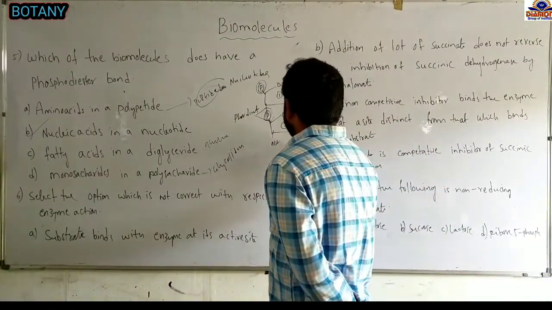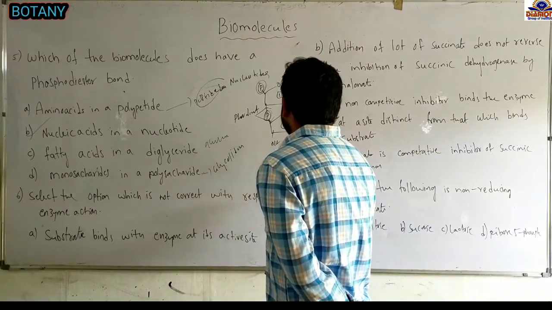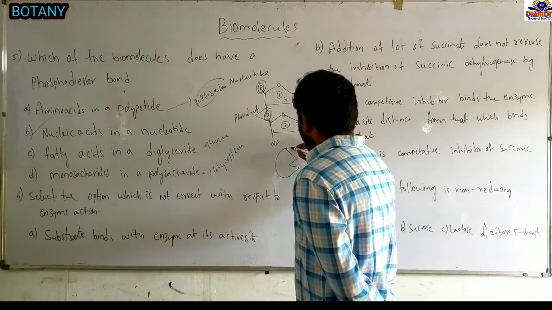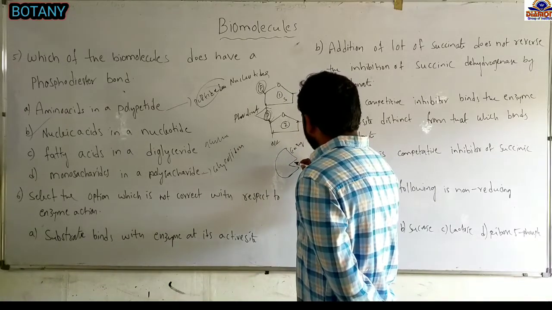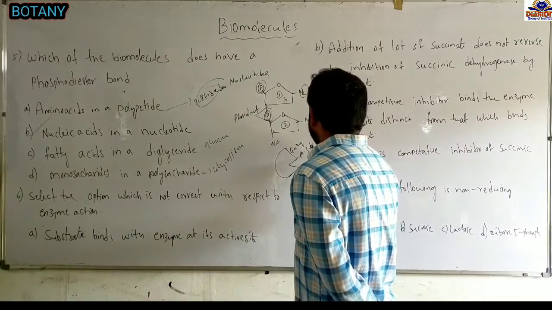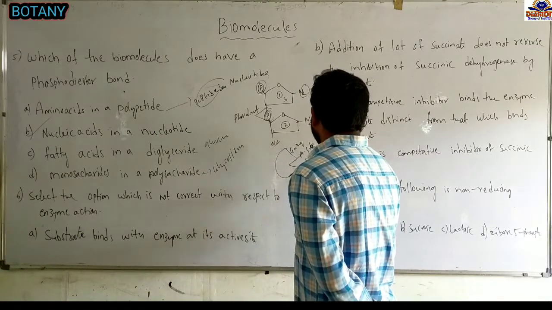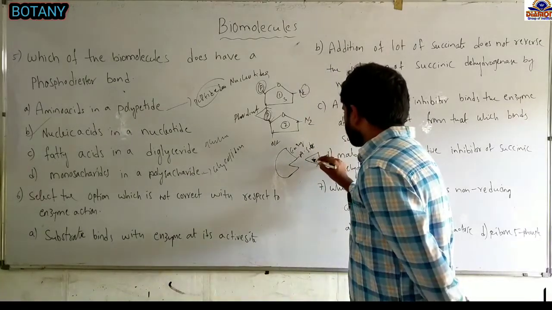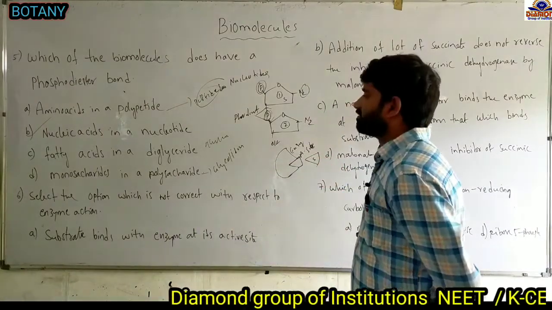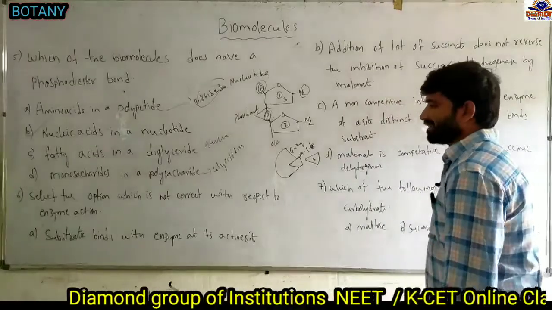Imagine this is the enzyme and this is the active site of the enzyme, and these are the substrates. The substrate binds into the active site of the enzyme. That is the first step of the enzyme action.